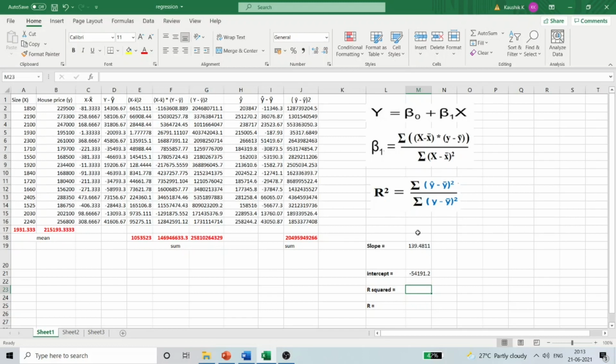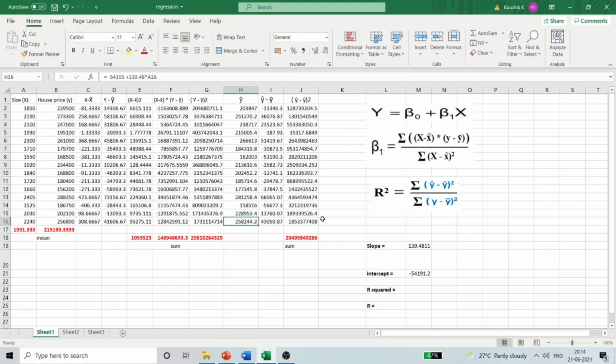So we got the slope as well as the intercept. Using this I should be able to calculate the y hat value, that is the predicted y value. This is already calculated. You just have to apply it in this formula. This y becomes y hat, and this is what I get.